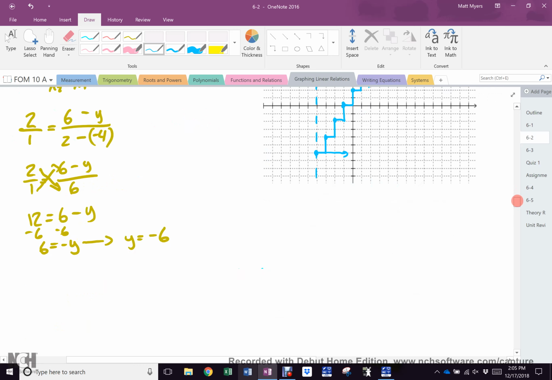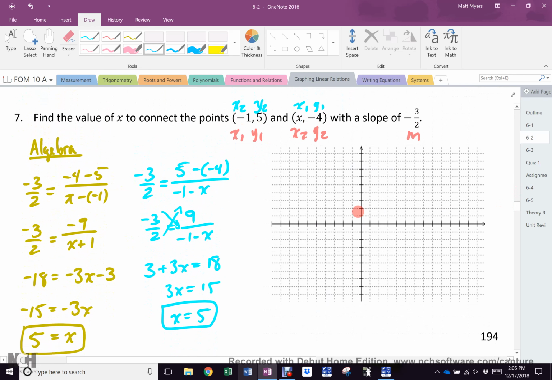Try it with the next one. Put the point you know, put a dotted line for where else you know, and figure it out.